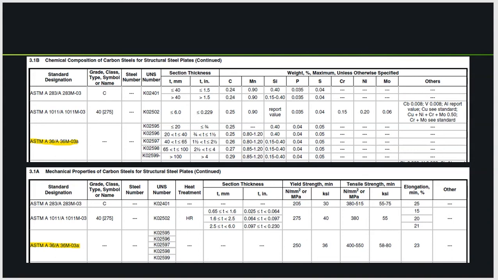Now, there is a little bit of a system, at least with the letters. The letter A, all those classifications with the letter A would be for carbon steel. The letter B, if I recall correctly, is for non-ferrous metals. So things like stainless steels, aluminum, that sort of thing.